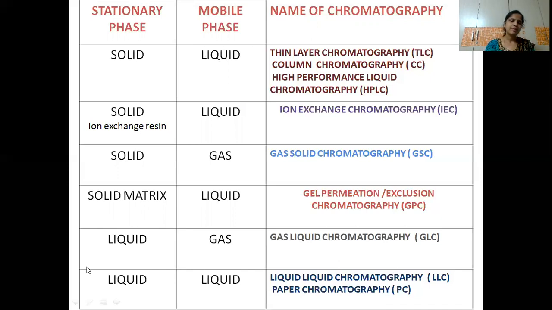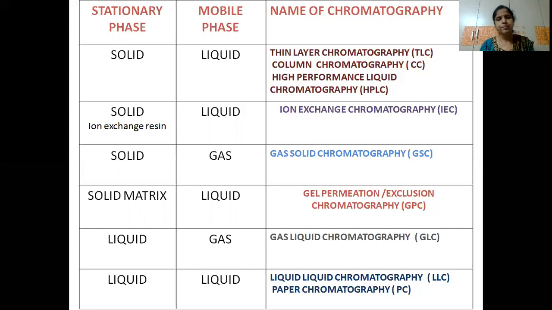Then the other type is where both the stationary phase and the mobile phase are liquid. That means it comes under LLC, that is liquid-liquid chromatography. One example we can take in this is paper chromatography. In paper chromatography, as we know, the separation takes place on the paper.